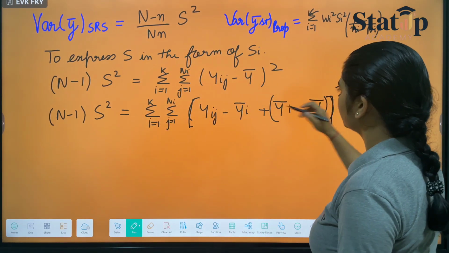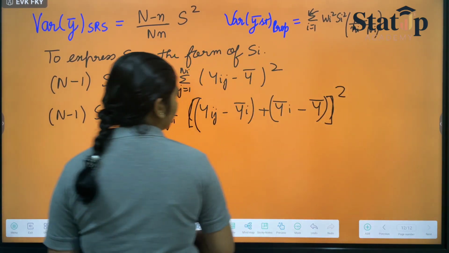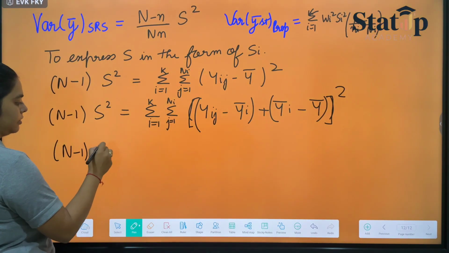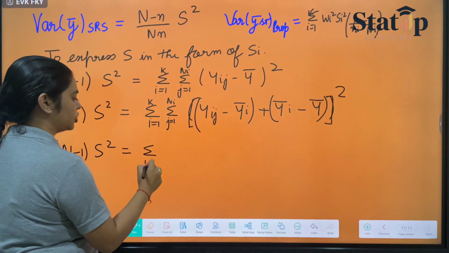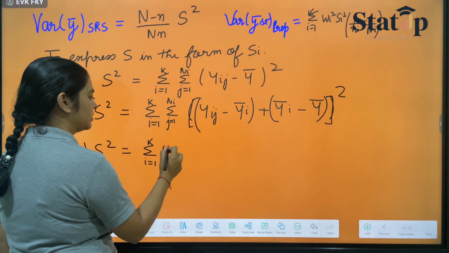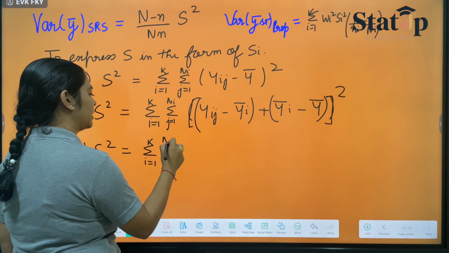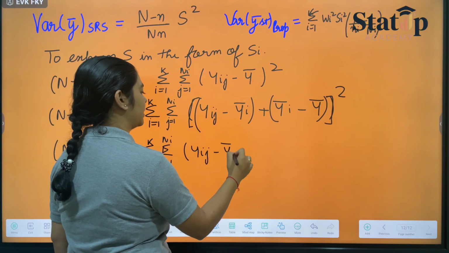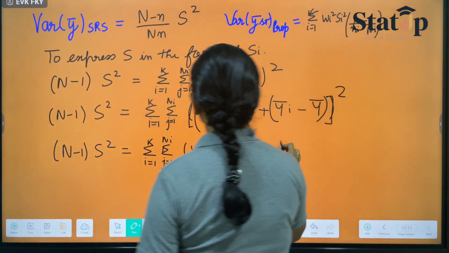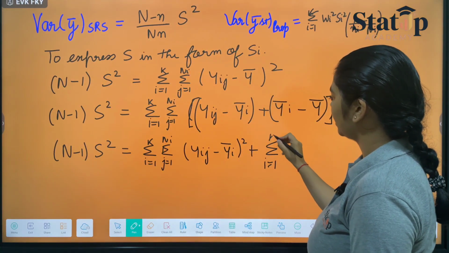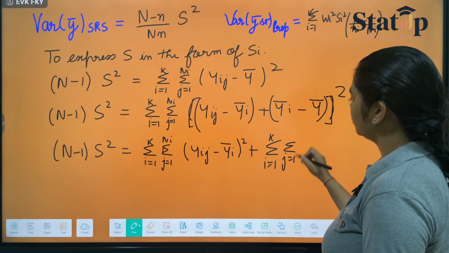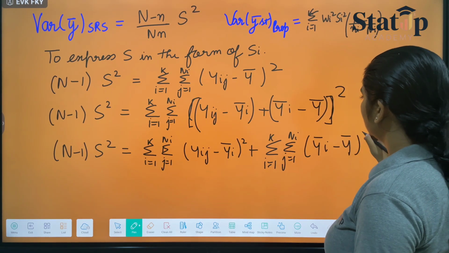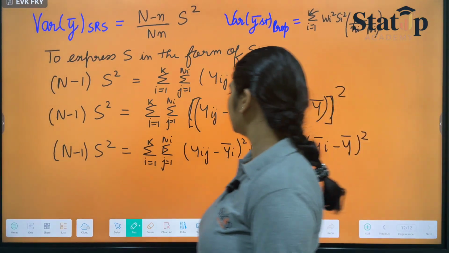We can take these two terms together and these two terms together. Now this can be further written as n minus 1 S square is nothing but summation i goes from 1 to k summation j goes from 1 to ni yij minus y bar i whole square plus summation i goes from 1 to k and summation j goes from 1 to ni y bar i minus y bar whole square.